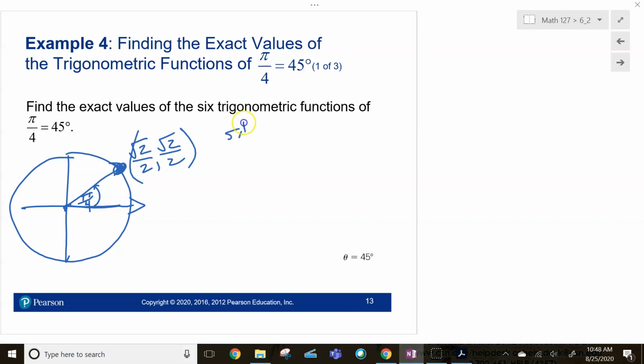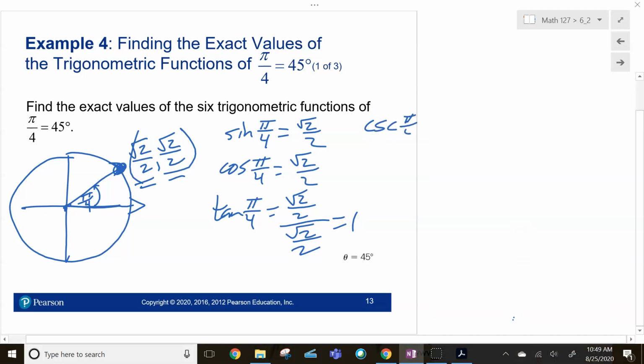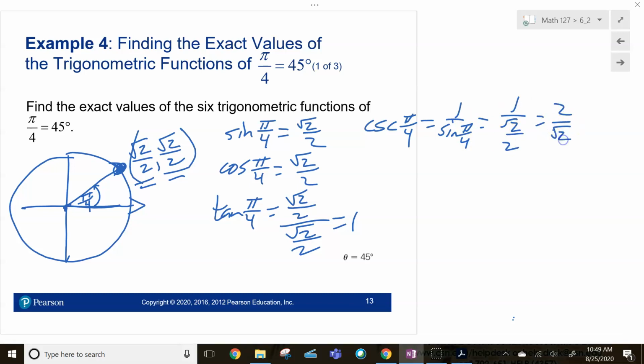So now sine of pi fourths is the y value. Cosine, in this case the x value, is the same thing. Tangent, sine over cosine, gives us 1. Cosecant is 1 over sine, so 1 over root 2 over 2, so 2 over root 2.